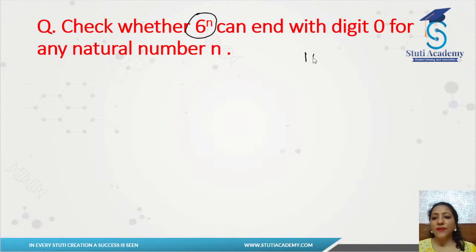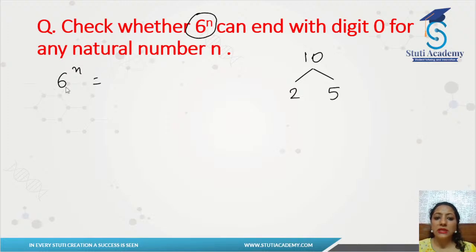So if 10 is a factor of a particular number, then 2 and 5 will also be factors of that number. So 6 raised to the power n, to have 0 in the ones place, must have 10 as a factor. We can also say it must have 2 and 5 both as factors.